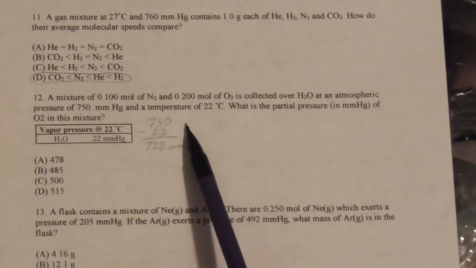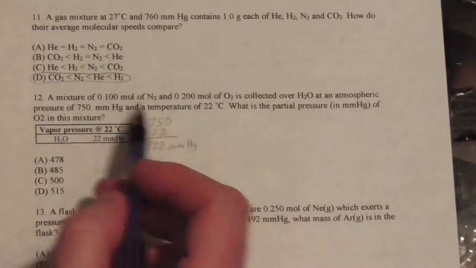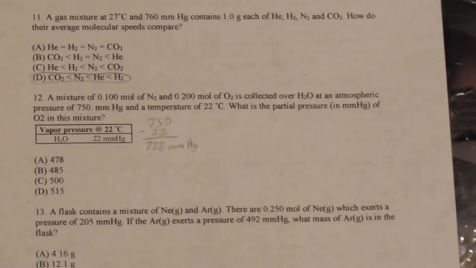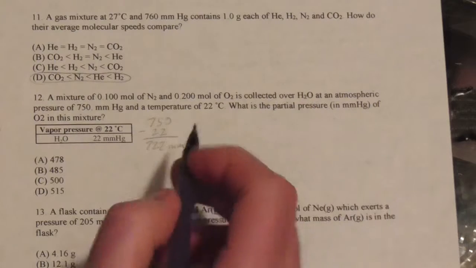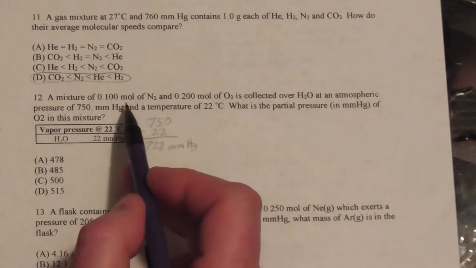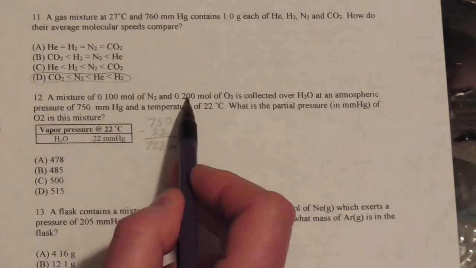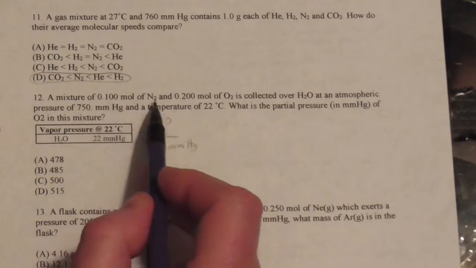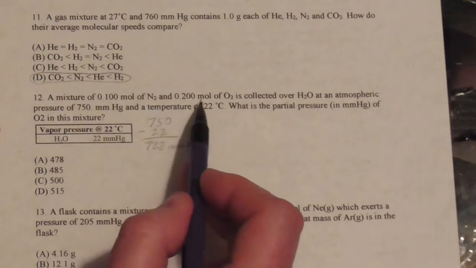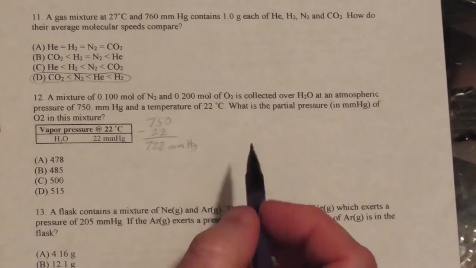That means 2/3 of my total is oxygen, and 1/3 of my total is nitrogen. Therefore, 2/3 of my pressure is coming from oxygen. Remember, I have 0.3 moles total of gas. This is 2/3 of it, this is 1/3 of it. All gas particles act the same, therefore 2/3 of the pressure comes from oxygen and 1/3 of the pressure comes from nitrogen.